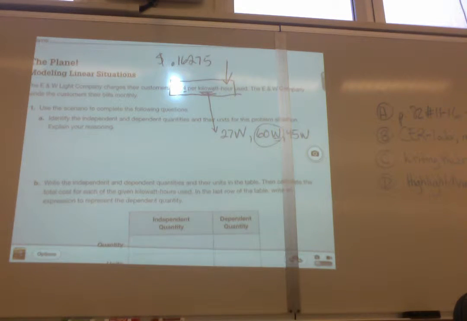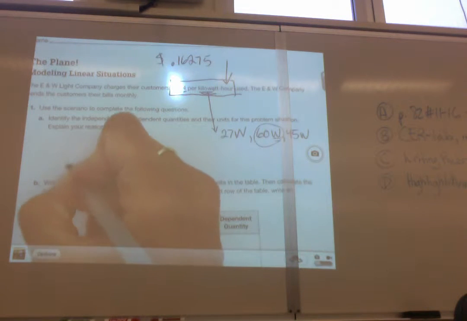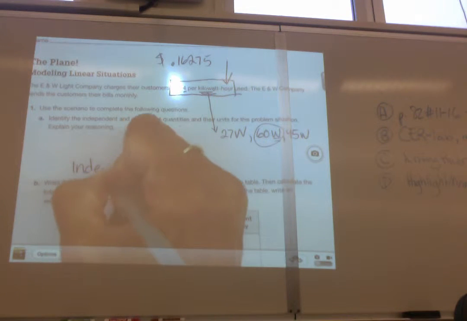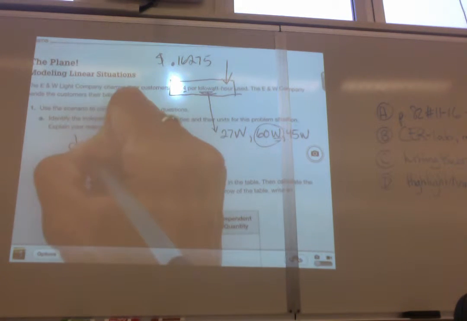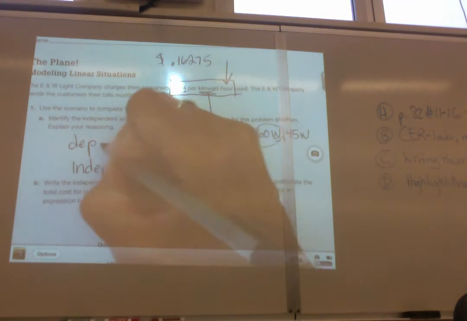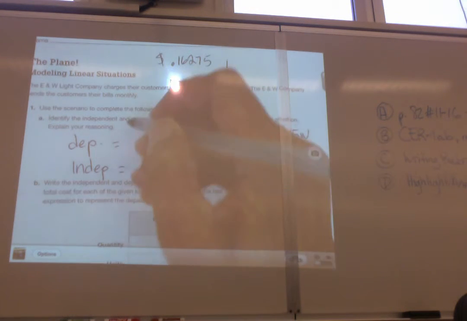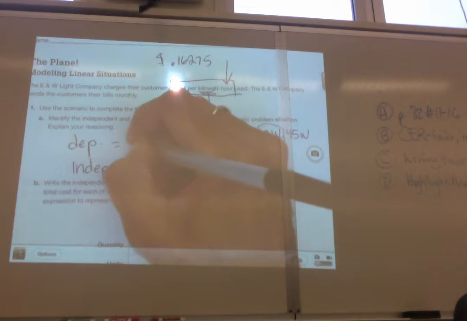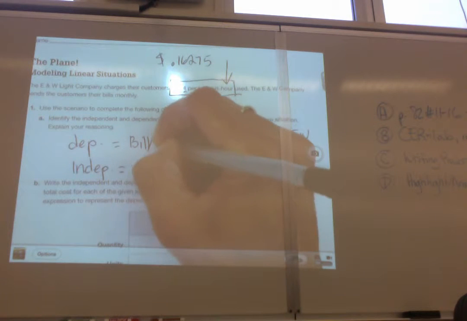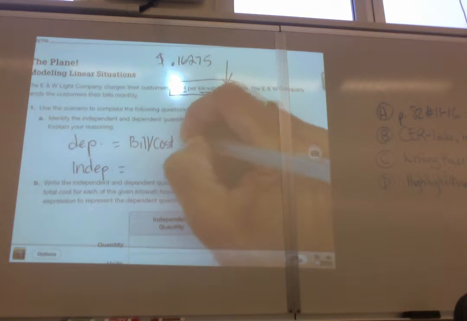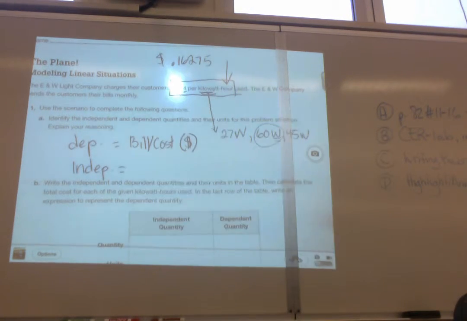Money, cents or dollars. So we've got independent and dependent. Who's independent? Who's dependent? The dependent is the size of the bill, so I'm going to say bill or cost, and it's being measured in dollars.